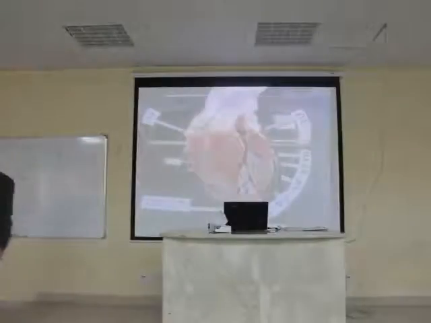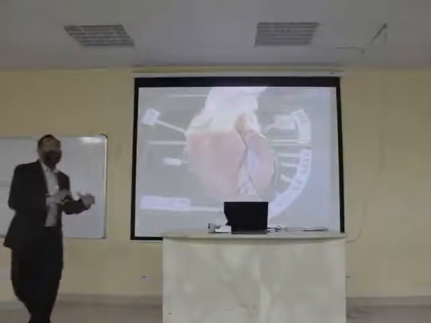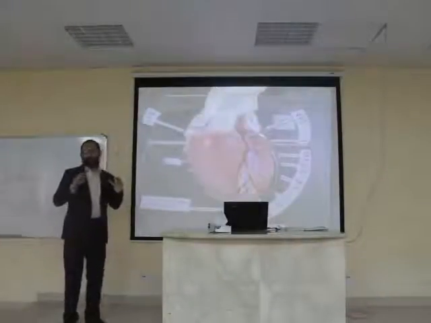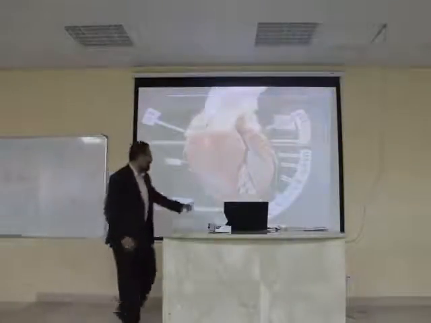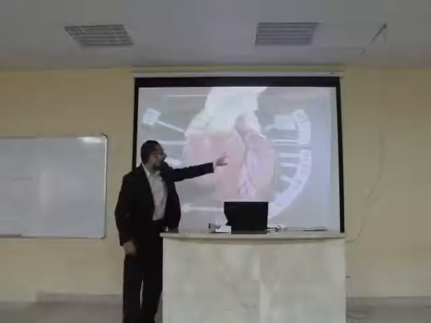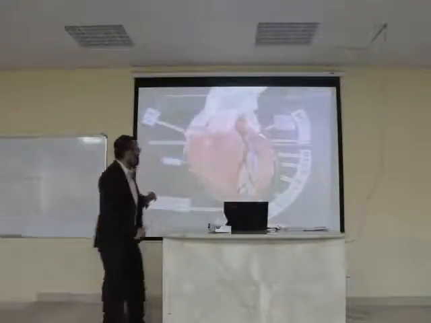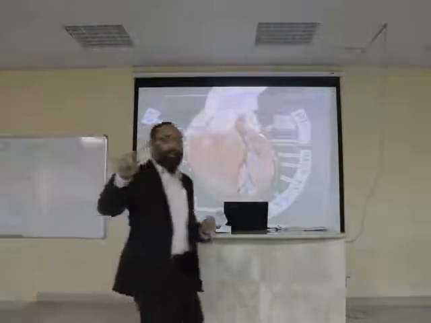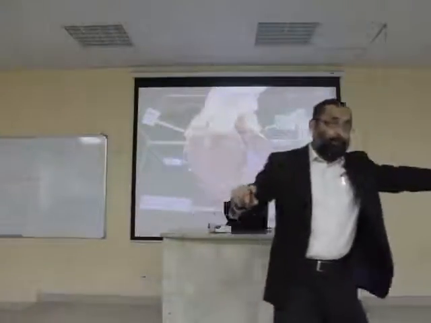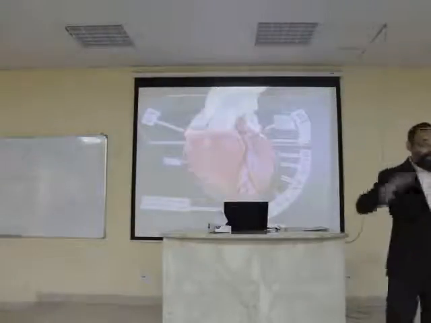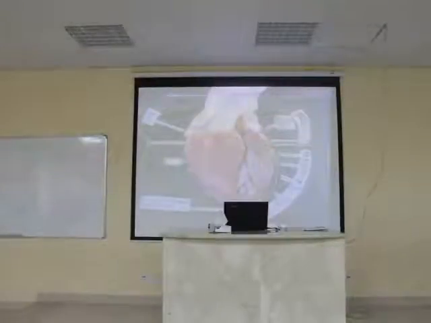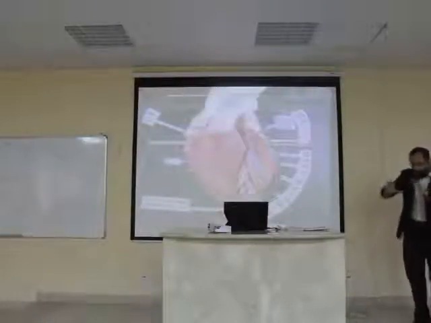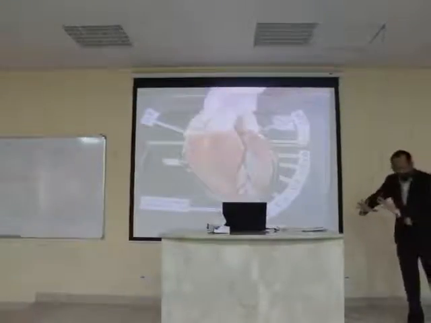The other leads are viewing the heart from other angles. How many leads are left? 3. V1, V2, V3, V4, V5 and V6 are the chest leads. AVL, the left limb lead, and lead 1 also. Lead 1 is a bipolar lead, remember? And AVL is a unipolar limb lead. They are also viewing the heart from this angle.